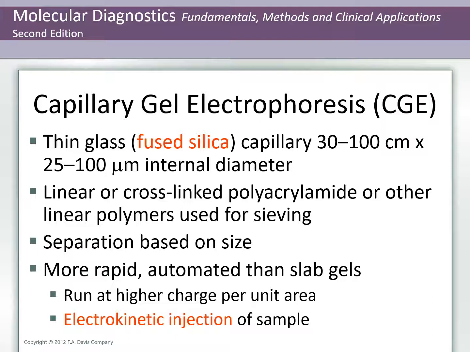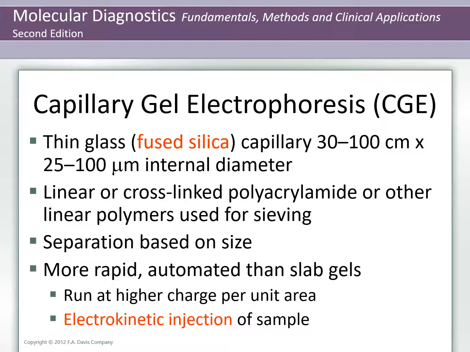Electrokinetic injection is used for nucleic acid analysis. With electrokinetic injection, the platinum electrode close to the end of the capillary undergoes a transient high positive charge to draw the sample into the end of the capillary. When the current is established, the injected nucleic acid migrates through the capillary.